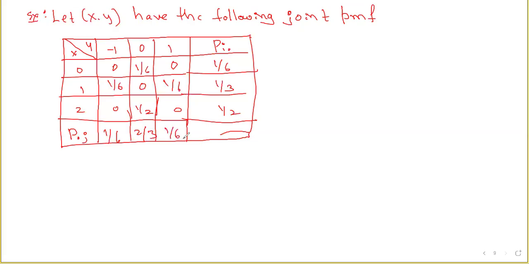Right? So now we are going to find out, first, expected value of xy, second, expected value of x, third, expected value of y. Right? We are going to find out these values.